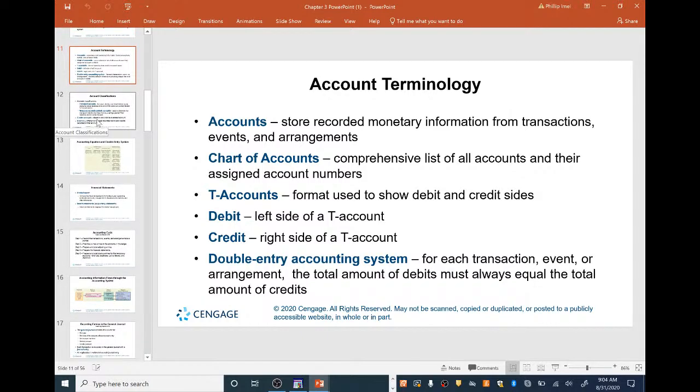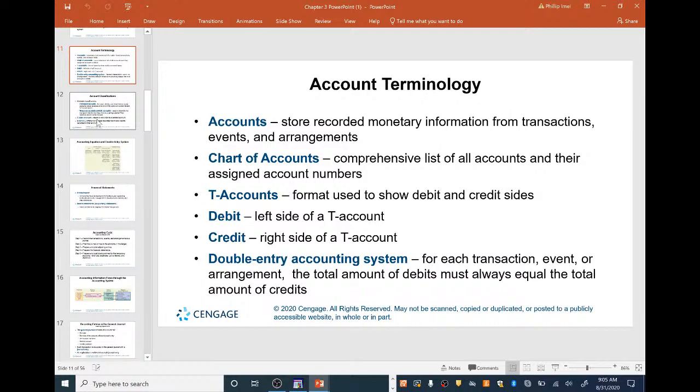Let's look at a little bit of the account terminology. Accounts are going to store recorded monetary information from transactions, events, and arrangements. That's where we actually record transactions, events, and arrangements, within these accounts, right? Now, a chart of accounts is a comprehensive list of all accounts and their assigned account numbers.